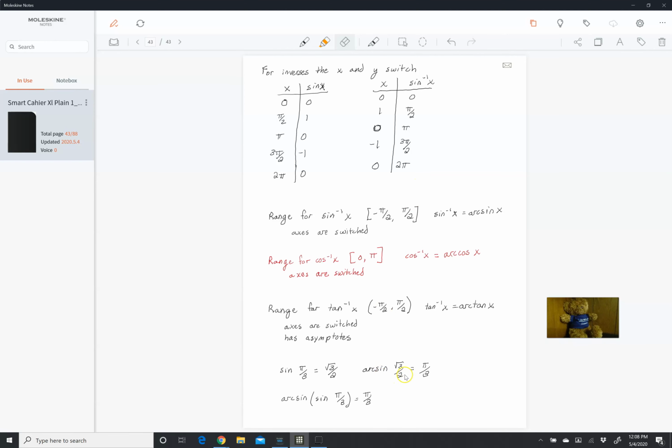That means that when you take the arc sine of an angle, you have to make sure that your answer is within this range, okay? So you are looking at the reference angle. Use the reference angle to help you figure out it's in the range. You should always be using the reference angle as your answer, okay?